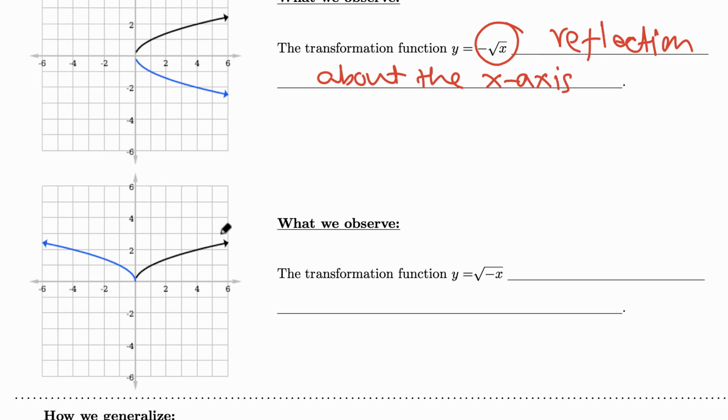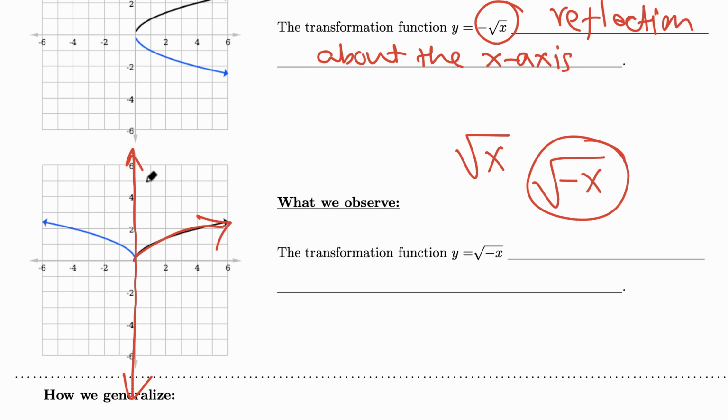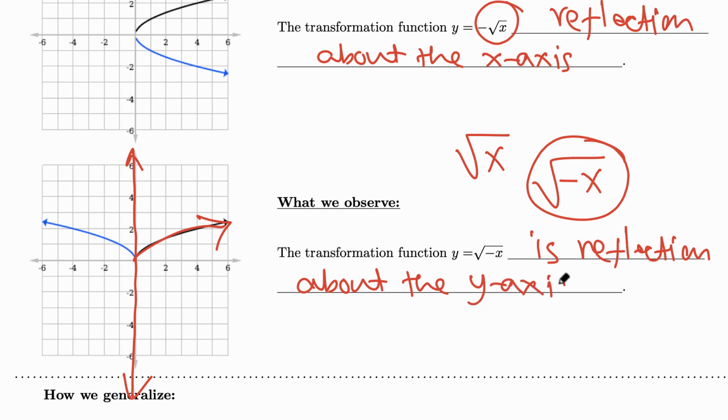In the same way, we have this original graph, and we can reflect about the y-axis. That means this is the new graph. So we put the negative inside. We have the square root of x, and we put the negative inside: square root of negative x. That's the reflection about the y-axis.